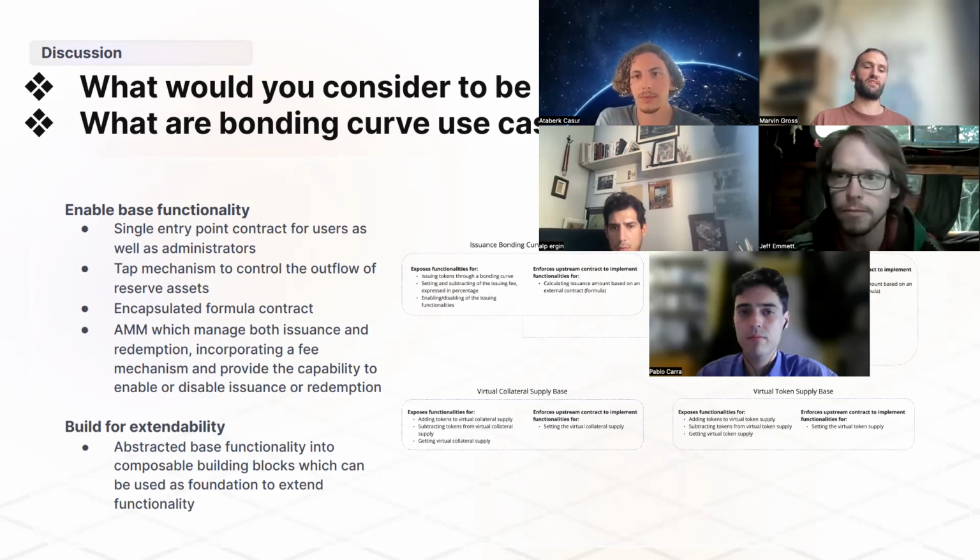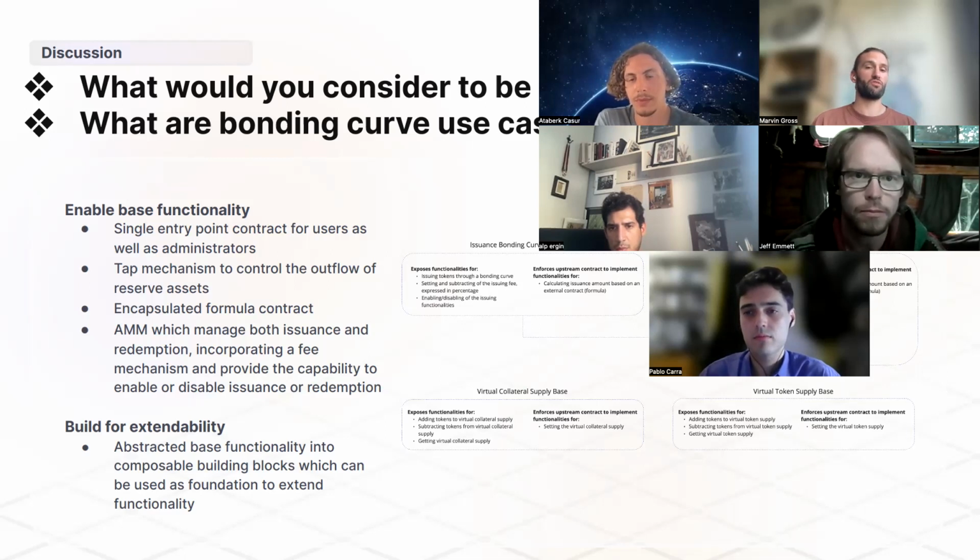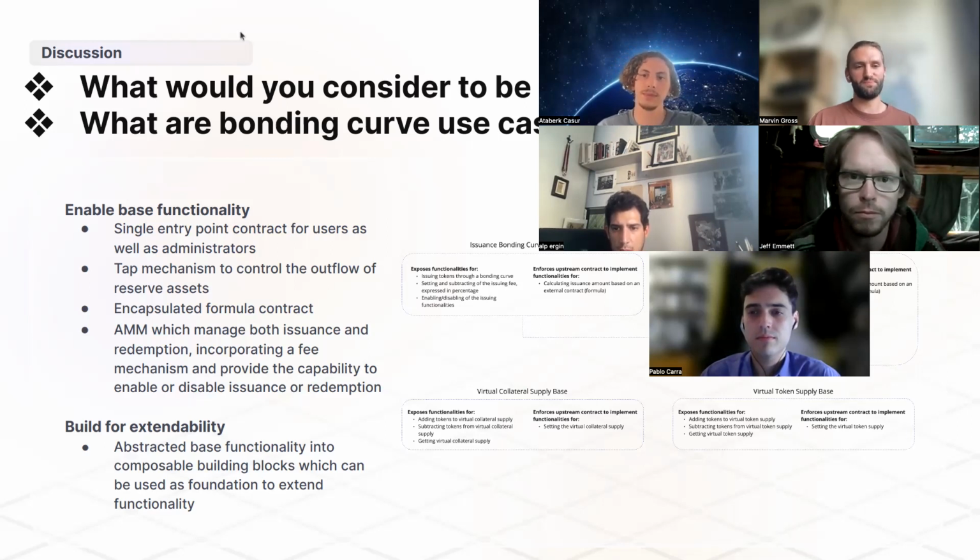In terms of this bonding curve module that I'm building, that has been in development for a month now, and that's why a lot of code is already there. But the idea here was also to reach out for feedback before putting in more work, get early feedback, and then test further and get more people involved.